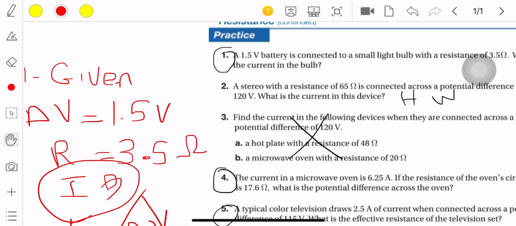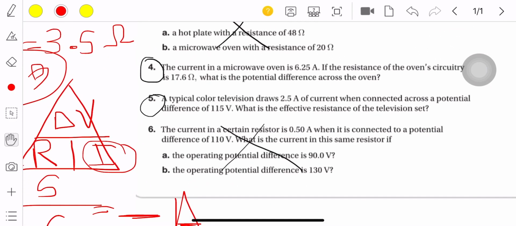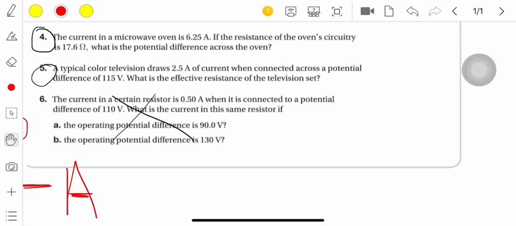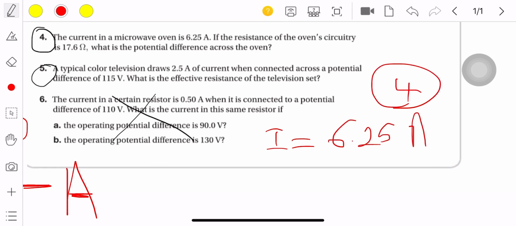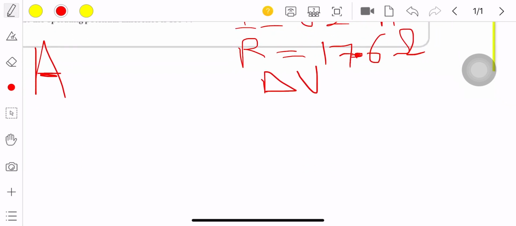Number 4. Number 2, we said it is homework. Number 4, the electric current is given, I equal to 6.25 ampere. The resistance is given, R is 17.6 ohm. What is unknown? Delta V. Same triangle. I will rewrite it to memorize.